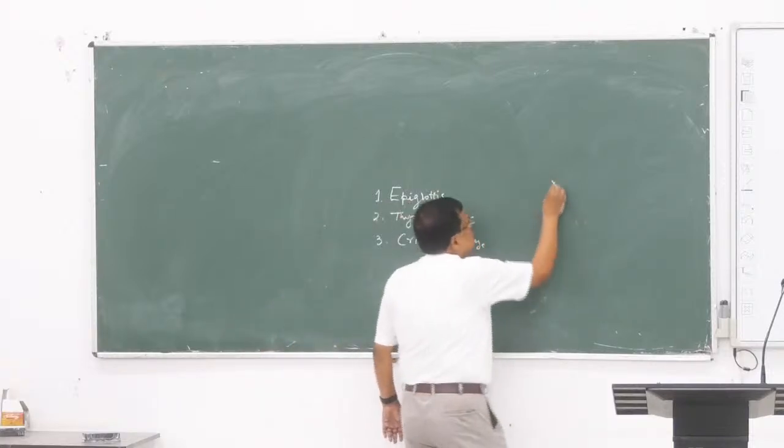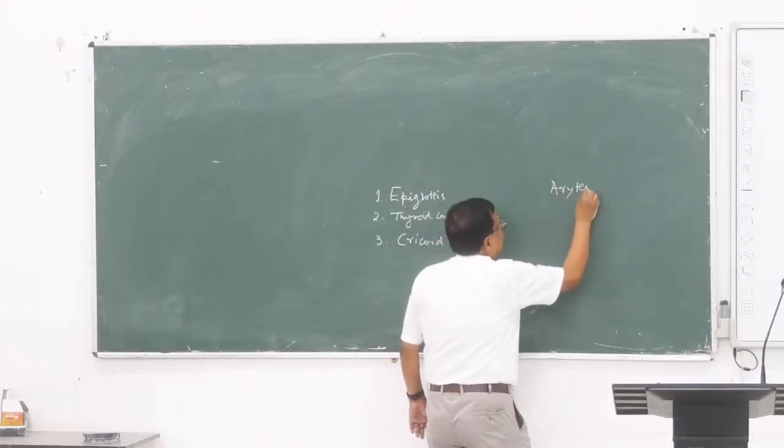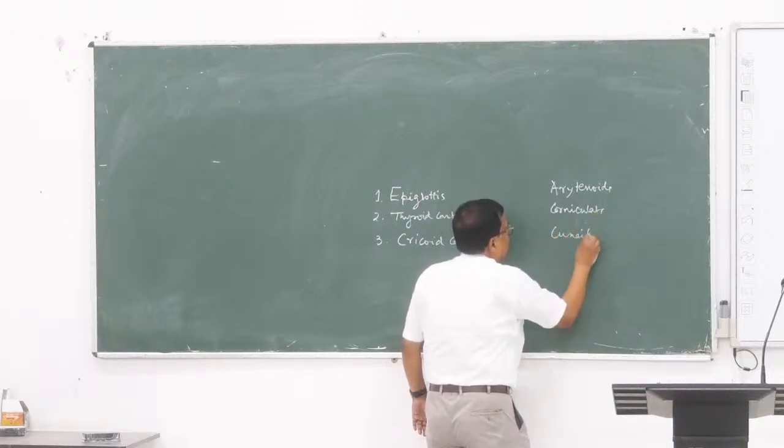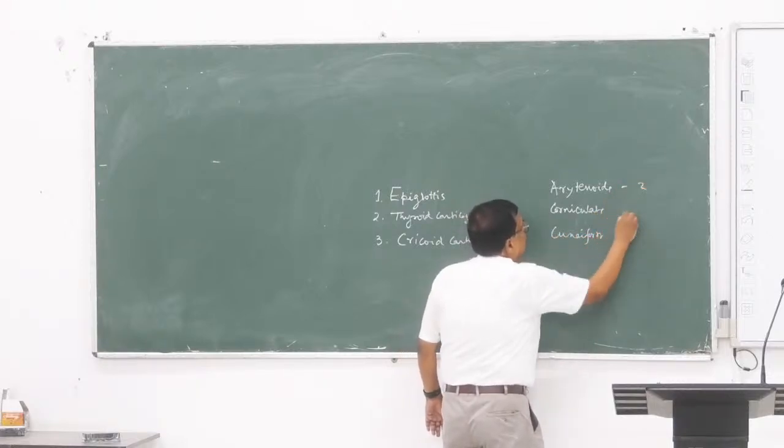Our paired cartilages are arytenoid, corniculate, and cuneiform. All are two in number.